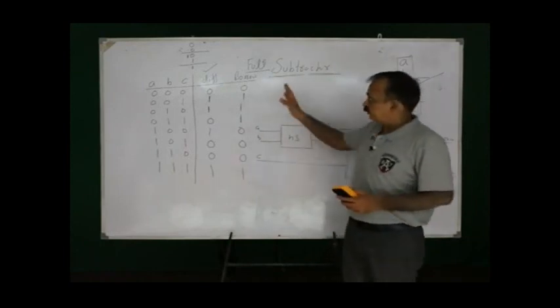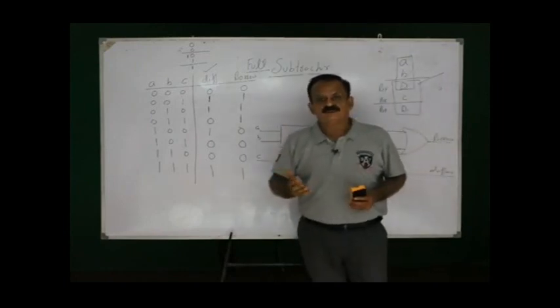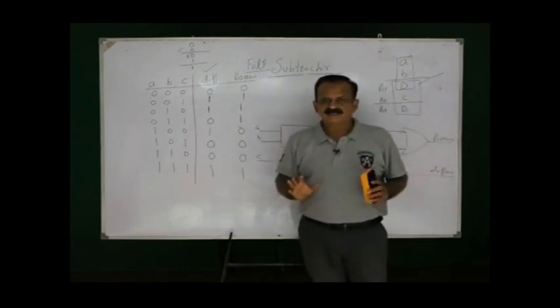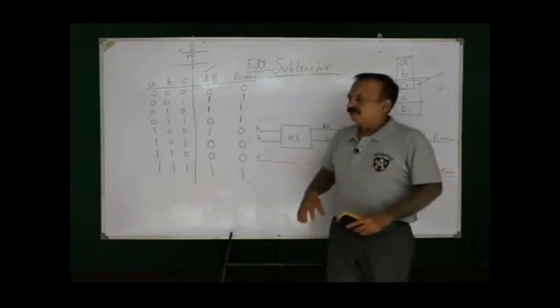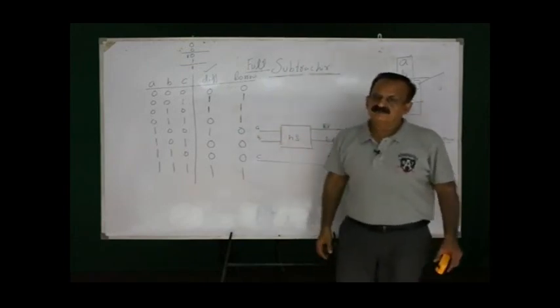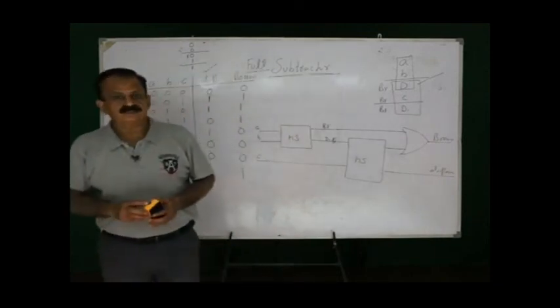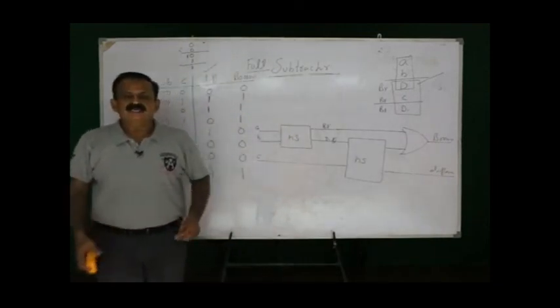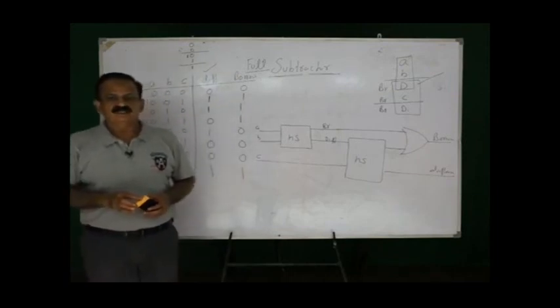Whether full subtractor and half subtractor are combinational circuits or not? Positively our answer will be, these are combinational circuits, right. And how can we implement full subtractor and half subtractor circuits? This implementation can be with simple gates, and even with the help of universal gates.